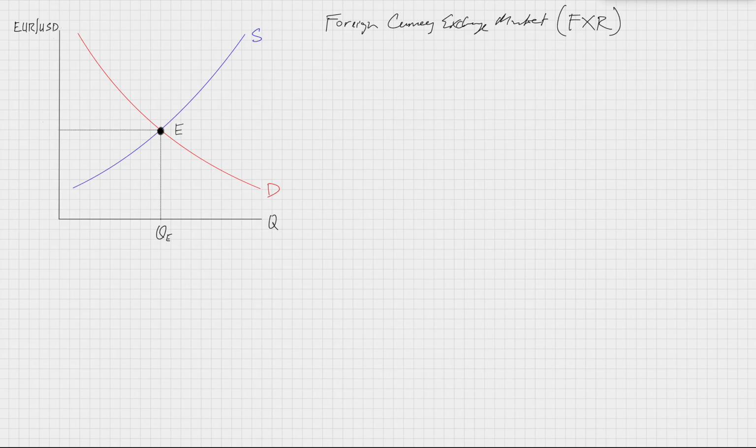So let's start with some basics here. In this example, I have on the top of the y-axis where we normally see price, the exchange rate of euros to US dollars.